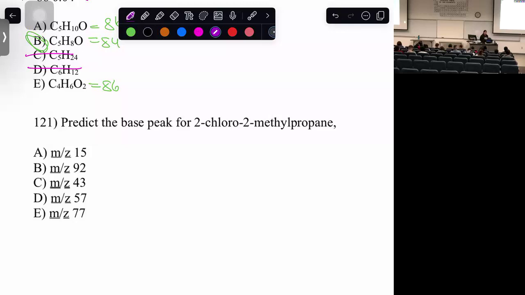For this one, you do need to look at the periodic table. But just in case you can't see it, chlorine is about 35, carbon 12, hydrogen 1. So you have all of the data that you might need.